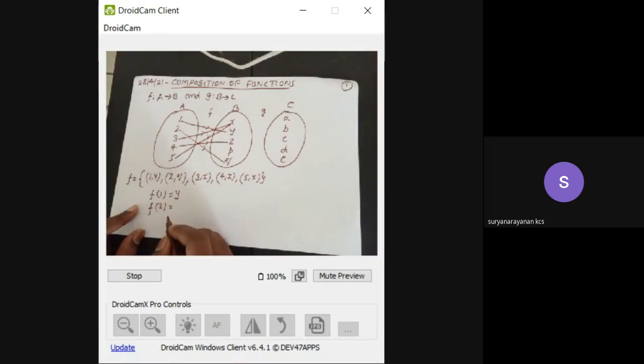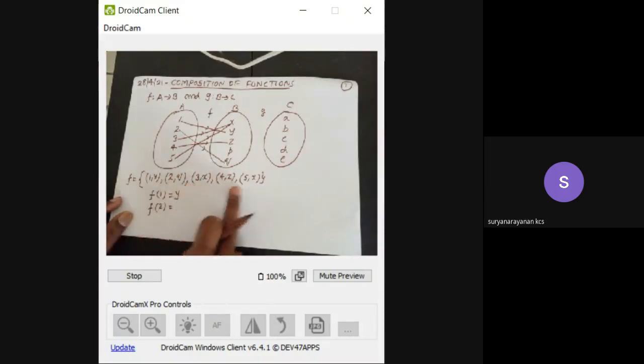Similarly, how do you write the remaining elements? Krupal, can you tell me? I wrote the first ordered pair (1, y) as f of 1 is equal to y. Understood this point?